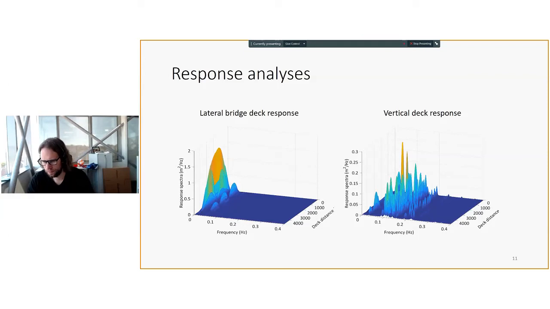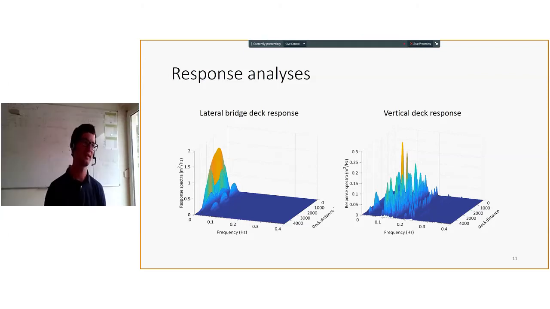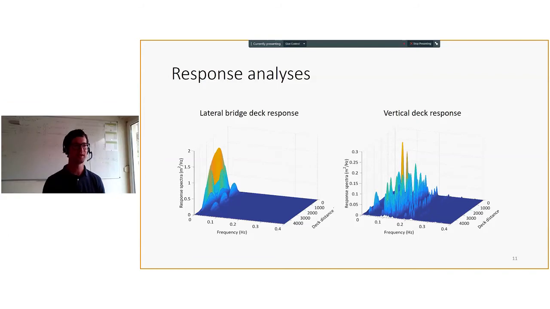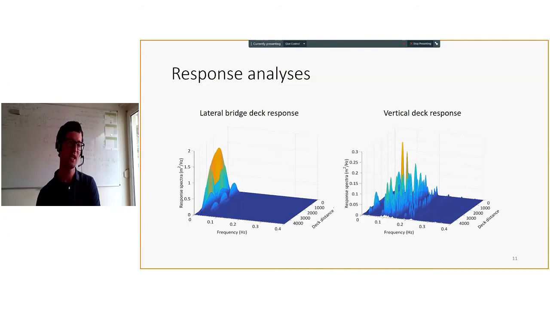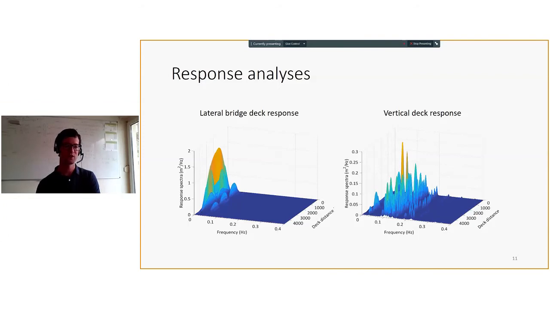Thank you. Perfect. Yes, so we see here that the lateral displacement is rather large for the first few frequencies. And then we have this lateral movement, which is non-typical for suspension bridges. So this might be an effect that our formulation should be able to catch properly. As well, very interesting is the vertical response, where we have a wider frequency range which is excited. So we have a lot of modes with similar response participating.